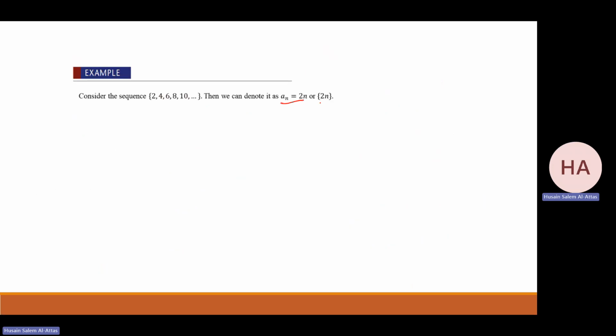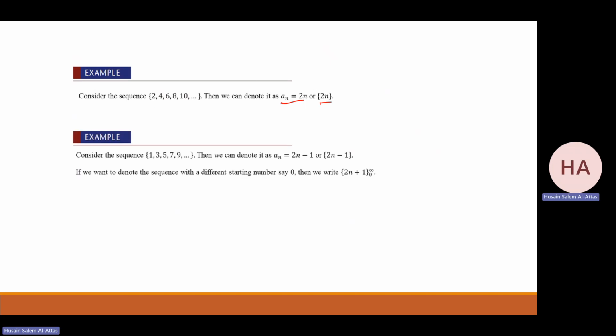Or we can write it 2n, as I said. This is 2, 4, 6, 8, 10. How to write it? It's very clear. It's 2 times 1, 2 times 2, 2 times 3, and so on. So it's 2n. If I have 1, 3, 5, 7, 9, these are the odd numbers. These are the even numbers. This is the way to write it.